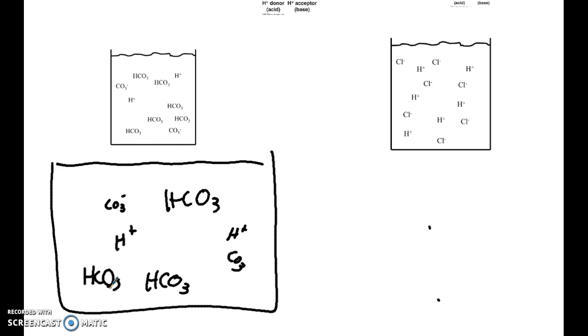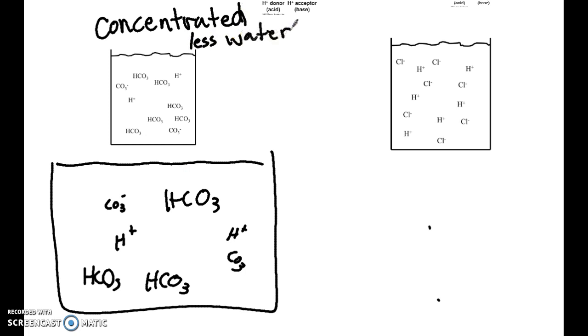Well, the more concentrated one would be up here. Concentrated acids or bases, if it's concentrated, that means there is less water for a given amount of acid.